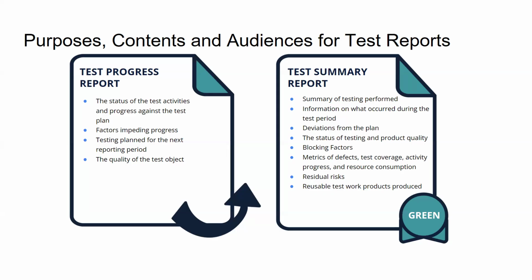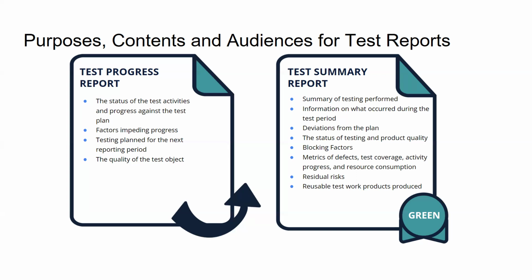In the summary, we say what kind of things we have done, what testing we performed, what things occurred during our testing period, what the bugs, blocks, and issues were that we faced, and what the deviation from the plan is.